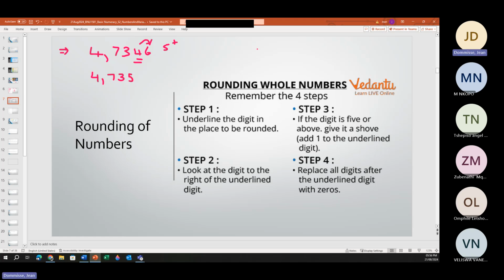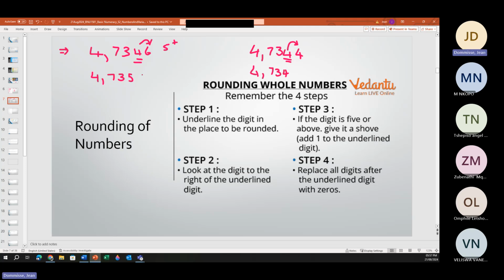If that was 4,7344 and we needed to round it off to 3 decimals, we would have looked at the number to the right of it. If it is smaller than 5, so 4 and less, then we will keep the number as is.